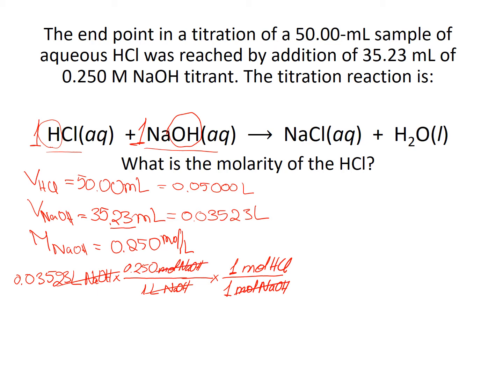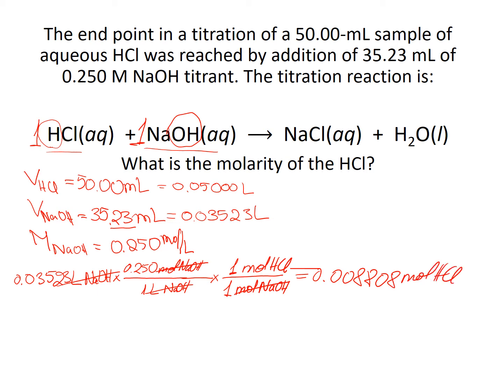So now we are at moles of hydrochloric acid, and this is a good place where we can stop our sequence of conversions. If we do this calculation, then we're going to have 0.00808 moles of hydrochloric acid.